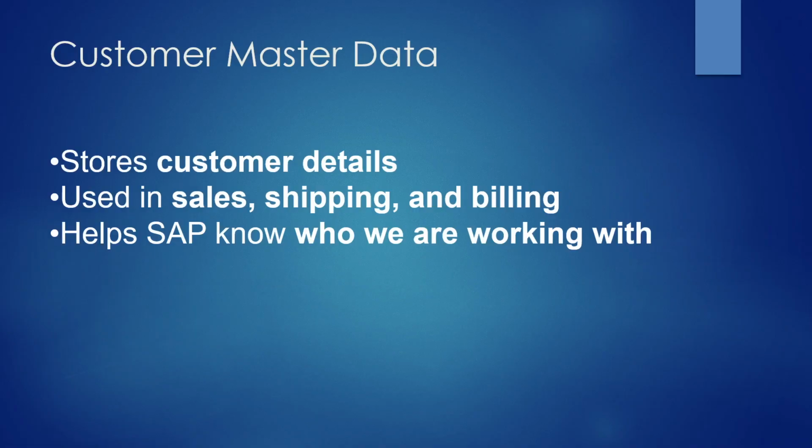So the customer master stores customer details, so that you save this information in your system. For example, if it is SAP, then you save the customer master. Now SAP is going to S/4HANA, and now a lot of companies are on S/4HANA. It's called business partner, but eventually it is customer information.